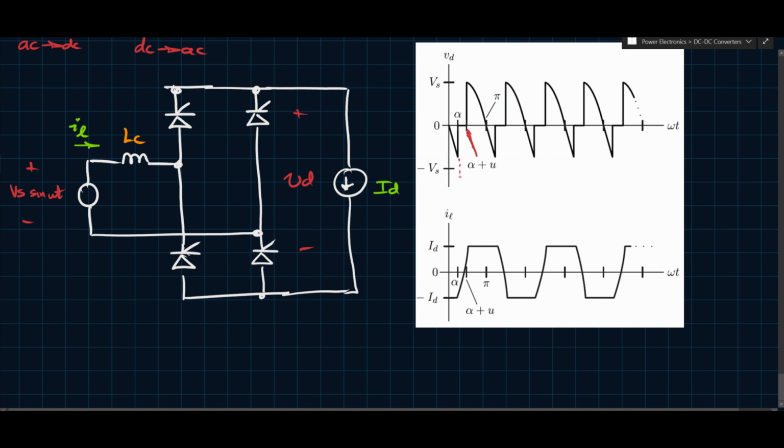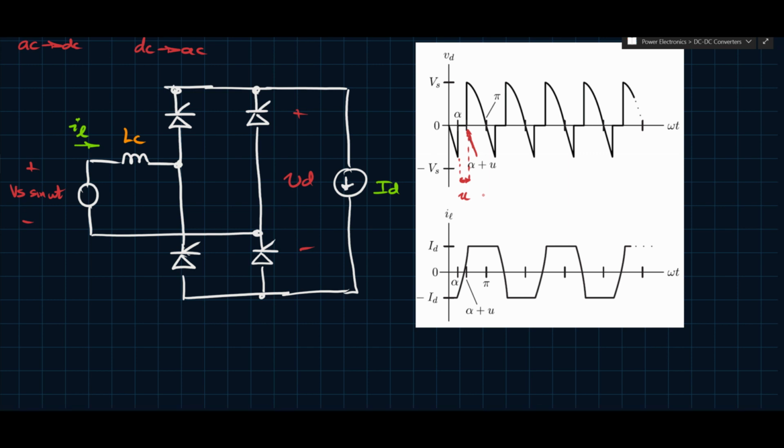That means this interval where the waveform is 0, this thing here is u, and that's the commutation period or interval, whatever you want to call it. That's how long it takes for the current to go from one pair of switches to the other pair. So it's not instantaneous.